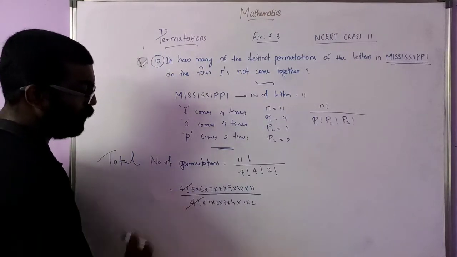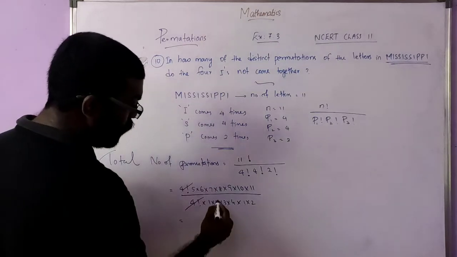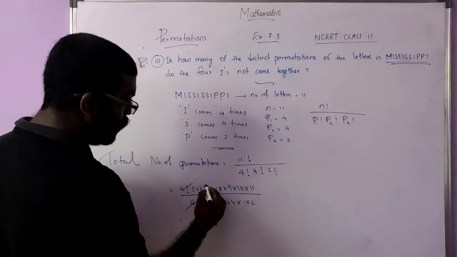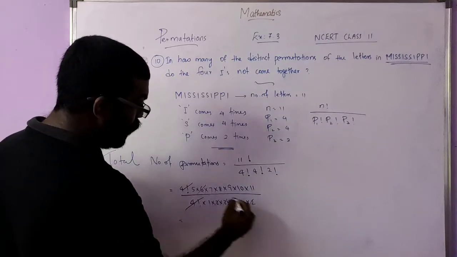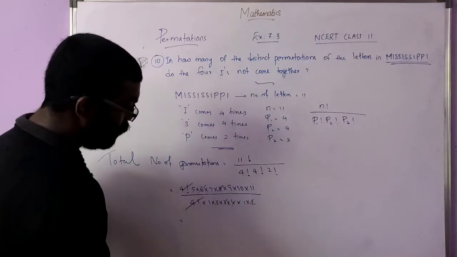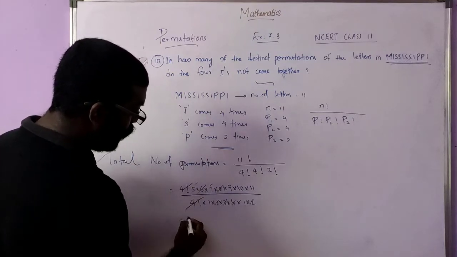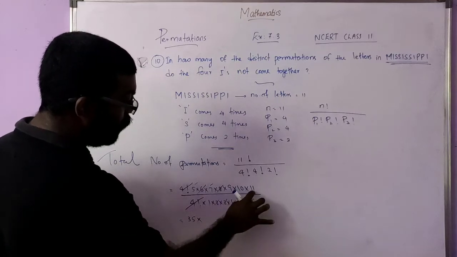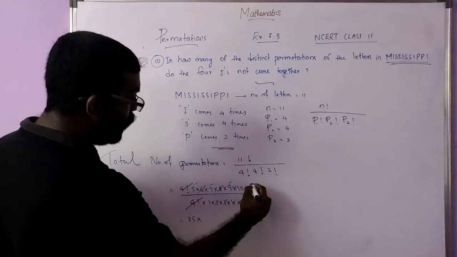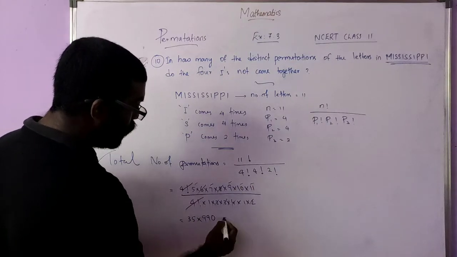This one we can cancel, and here we can cancel 2 and 3. 2 3s are 6, here 6. Okay, and 4 2s are 8, here we can cancel 8. The remaining are 5, 7. 5 7s are 35, then into 9 into 11. 9 into 11 is 99. 99 into 10, that is 990.